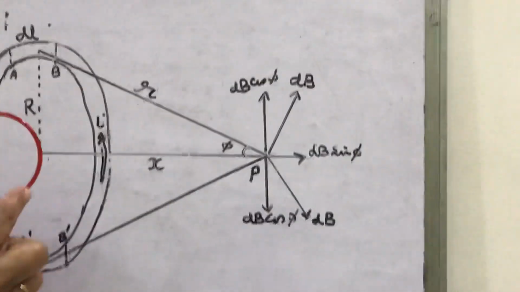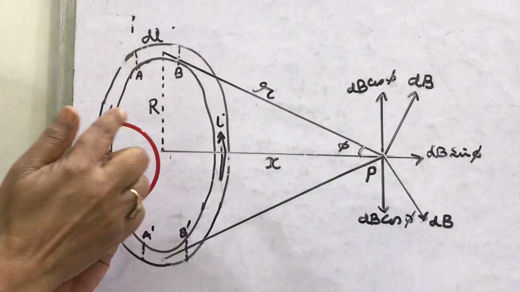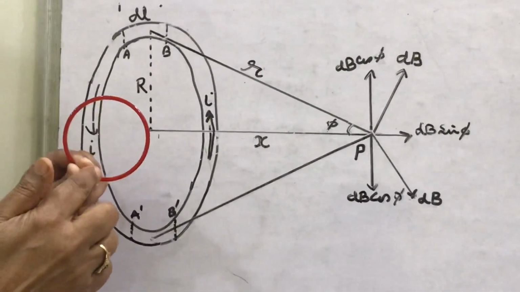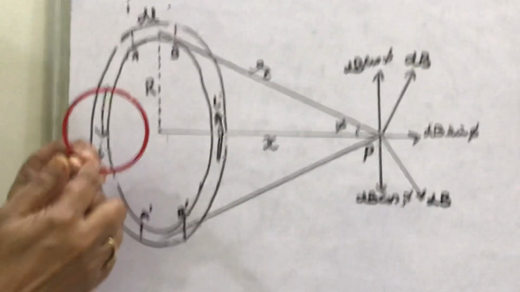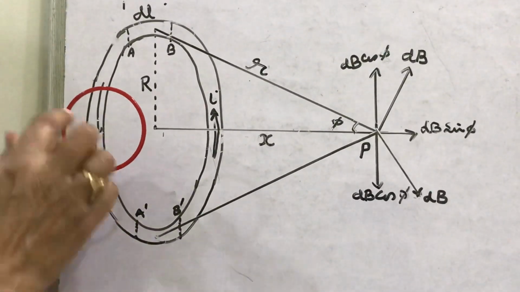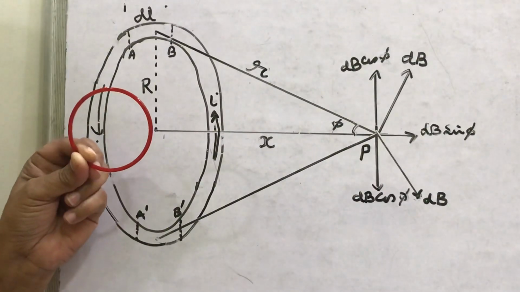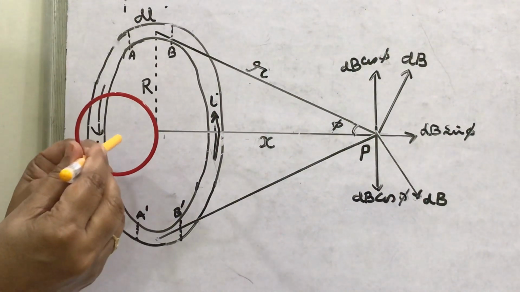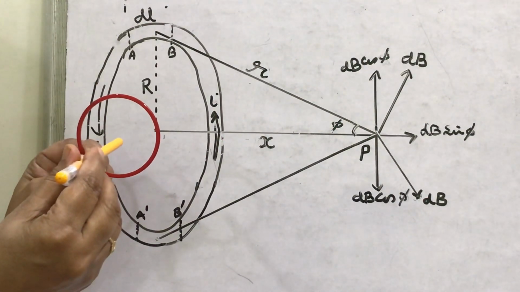We have to find the magnetic field at a certain point situated on its axis. If this is the circular coil, then the axis is a perpendicular drawn from the center of the coil.